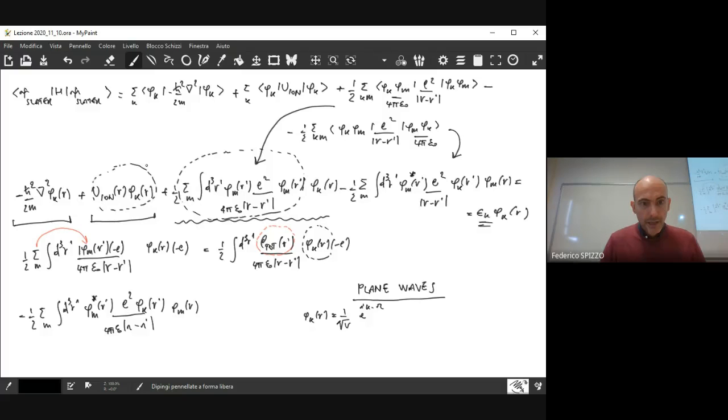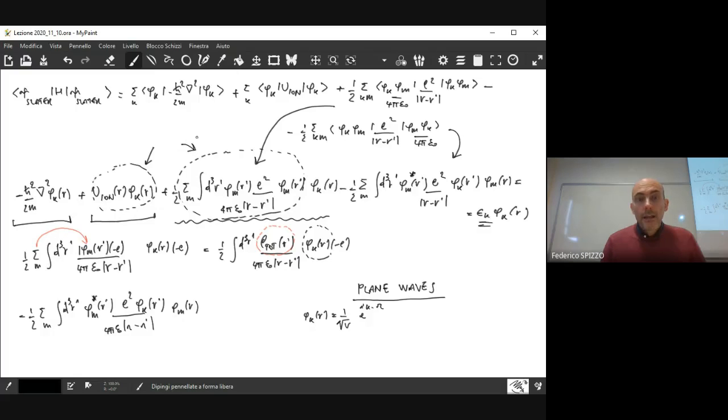So in this term here, you consider the interaction between one electron and the uniform background of charge that is due to ions. On the other side, in the second term, you consider the interaction between one electron and the uniform background of charge, because due to the fact that you use plane waves, the background of charge of each electron is uniform over the system.